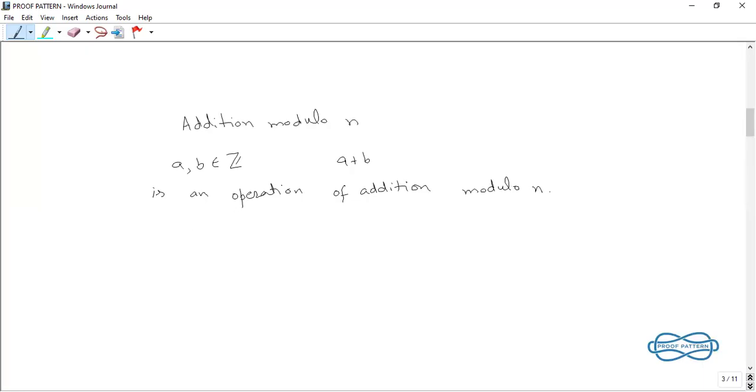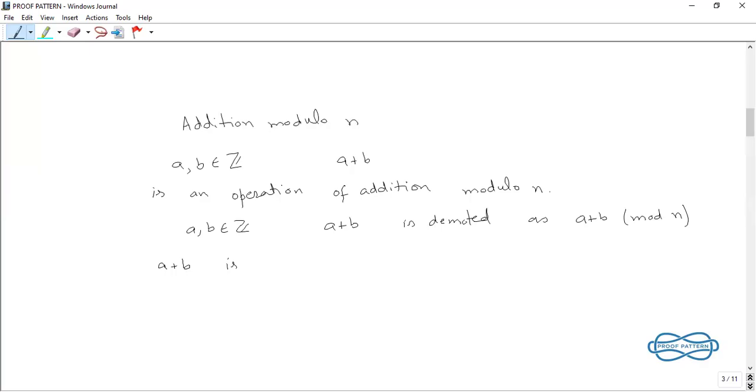For any two integers a and b belonging to Z, the sum modulo n is denoted as a plus b mod n, or modulo n, and it is defined as follows.